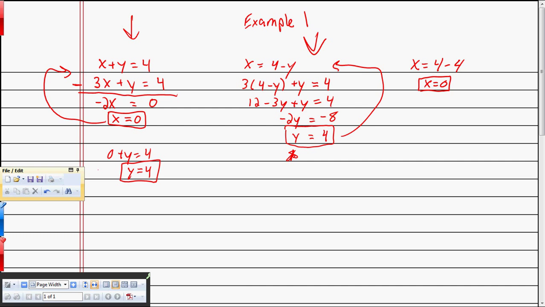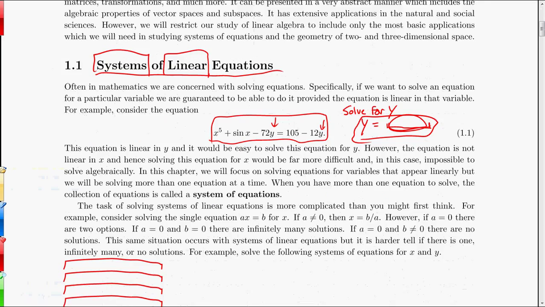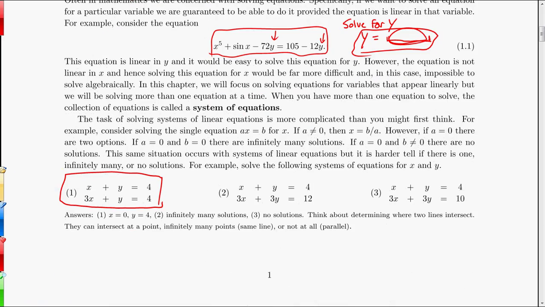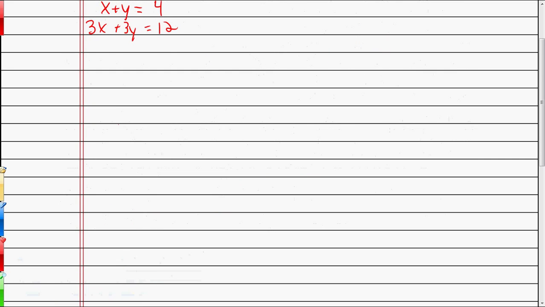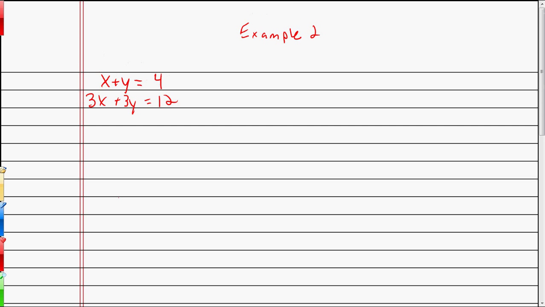If, on the other hand, we go to that second example, let's see, this one. So in this first example, we did get an answer, right? x equals 0 and y equals 4. If we consider our second example here, I have a page for that as well. I'll go through the same process.